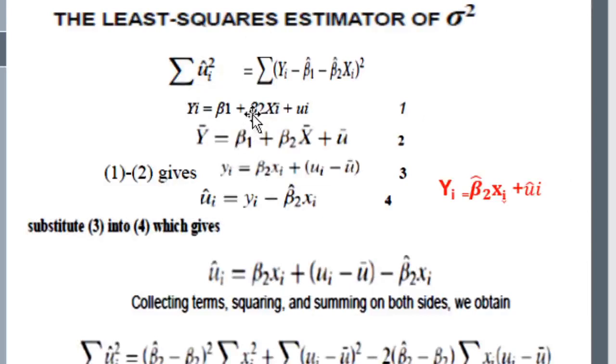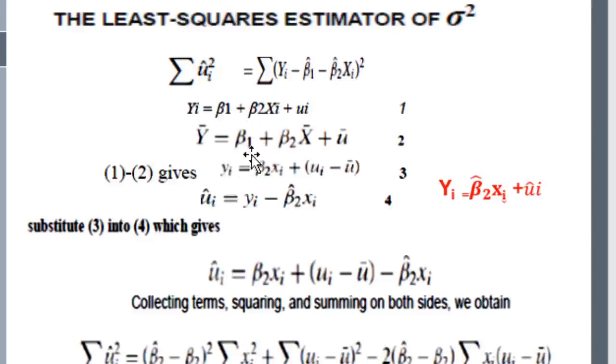from this one. That is yi minus y bar equal to beta 1 minus beta 1 plus beta 2 xi minus beta 2 x bar plus ui minus u bar. Then yi minus y bar is defined as small yi.